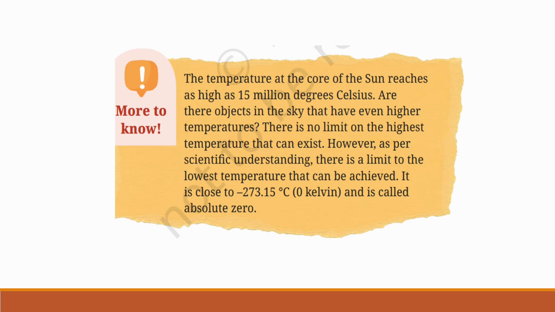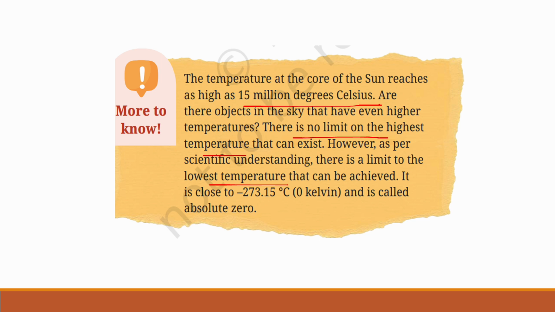The temperature at the core of the sun reaches as high as 15 million degrees Celsius. Are there objects in the sky that have even higher temperatures? There is no limit on the highest temperature that can exist. However, as per scientific understanding, there is a limit to the lowest temperature that can be achieved.